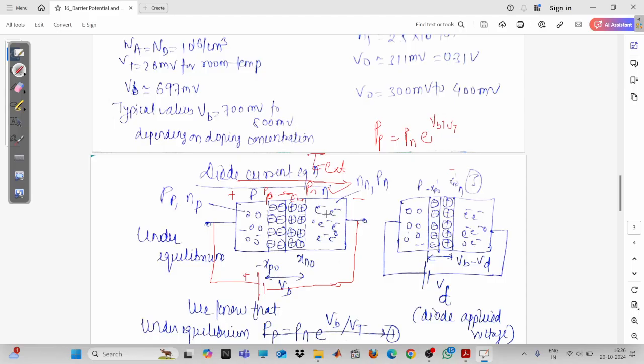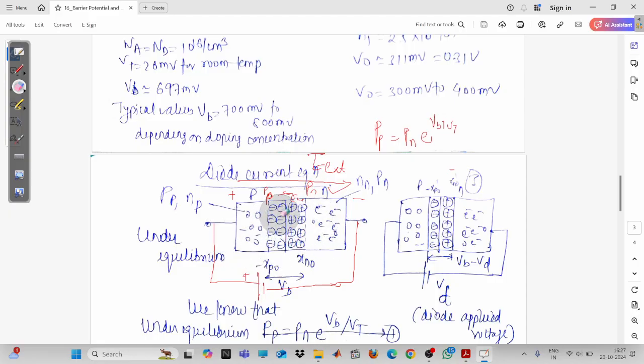Suppose this hole is traveling, and suppose it has entered into the N-type semiconductor. Initially that hole was in majority, now it has come into the minority side. Fine, now it has come to the minority side, so there will be an appreciable change.